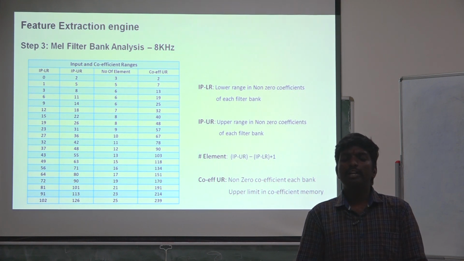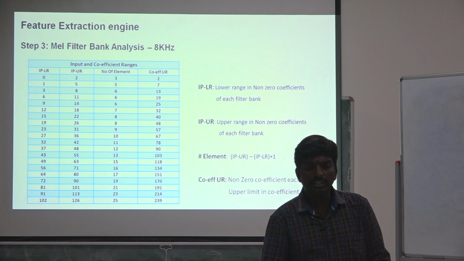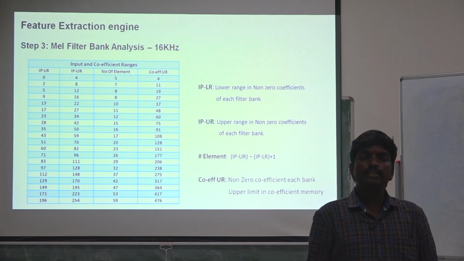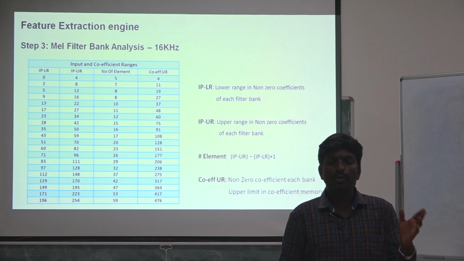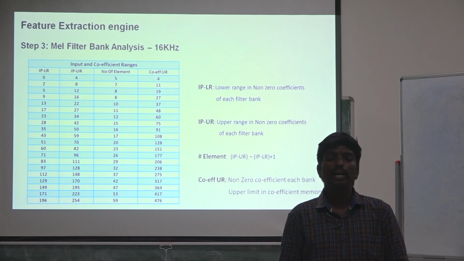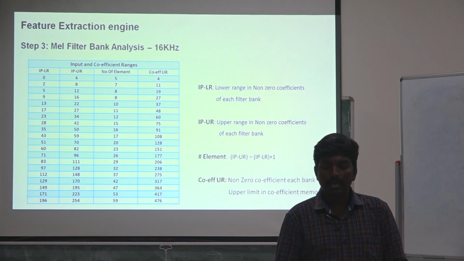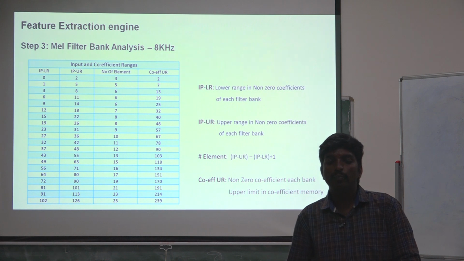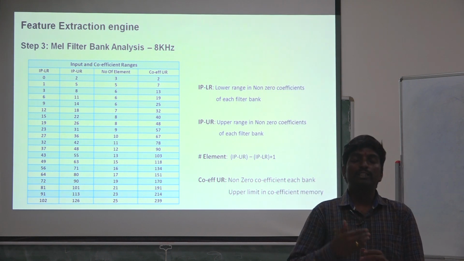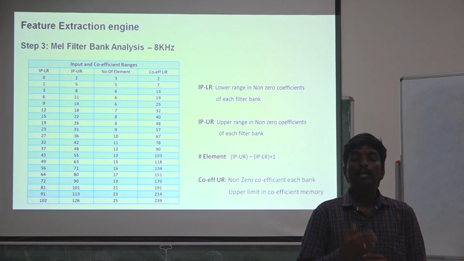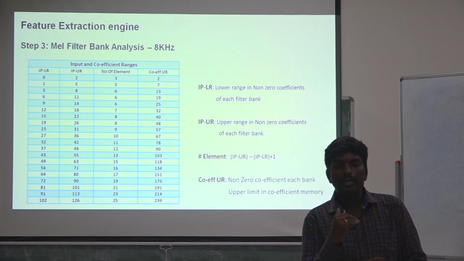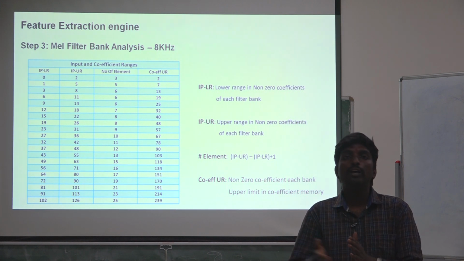Similarly, for all 20 banks for the 8 kilohertz, it was mentioned in the table. For the 16 kilohertz, same, 0 to 4 for the first bank and 2 to 8 for the second bank. If you observe both tables, between consecutive banks the coefficient positions overlap.